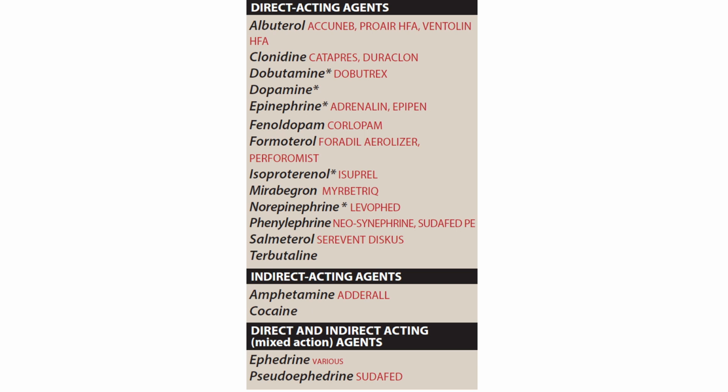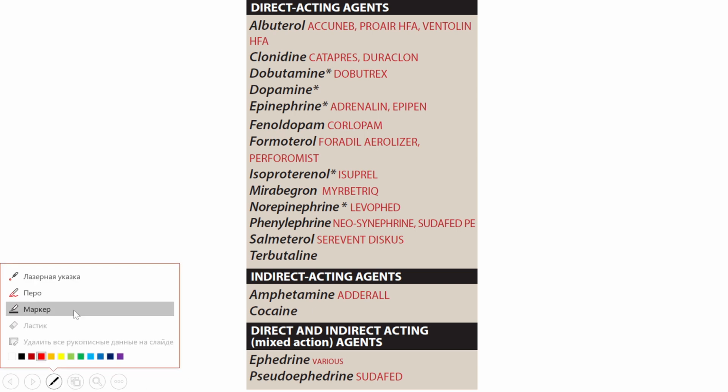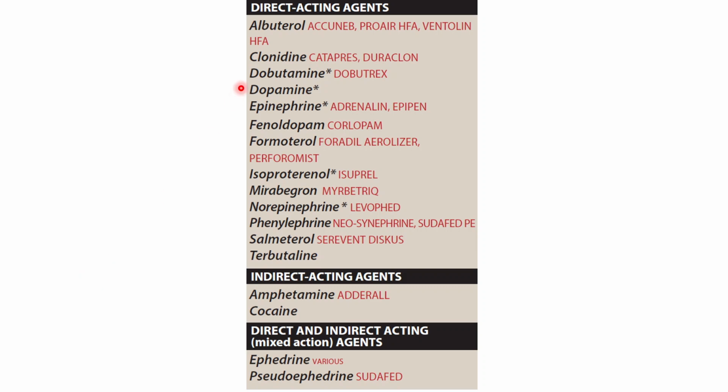The direct acting adrenergic drugs include the non-selective epinephrine and norepinephrine, and also selective isoproterenol, that is a beta selective, and alpha selective phenylephrine. So these are the direct acting adrenomimetics.